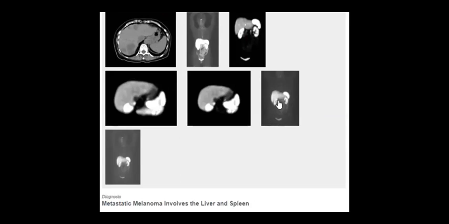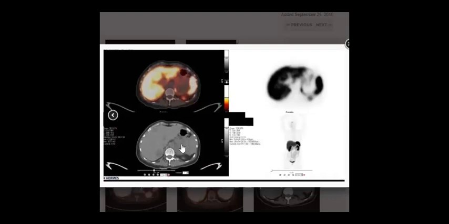So the spleen as well is involved with diffuse uptake. And also in the axial image, it is much more obvious with the splenic involvement, and the CT as well.